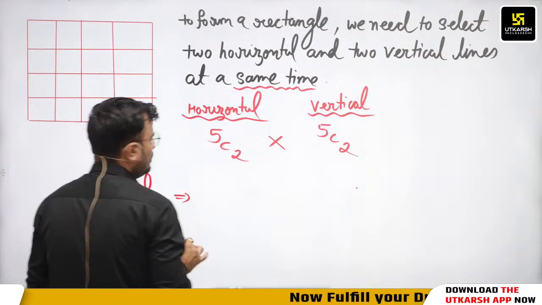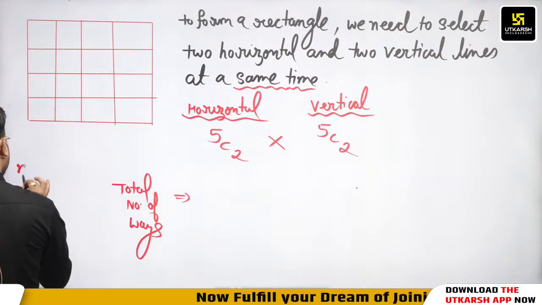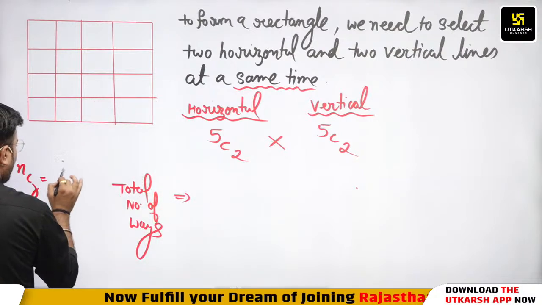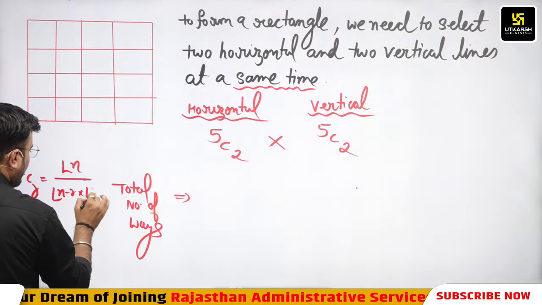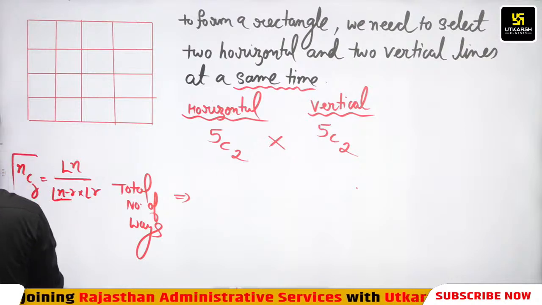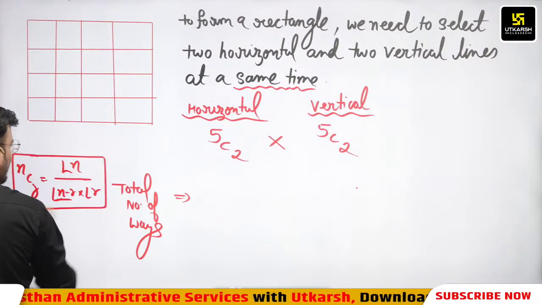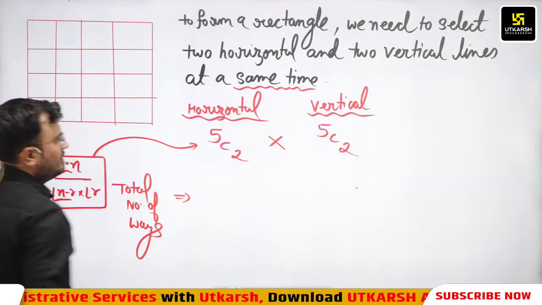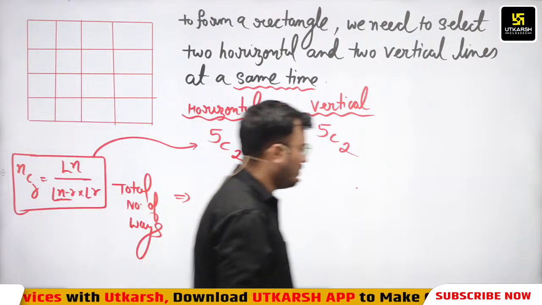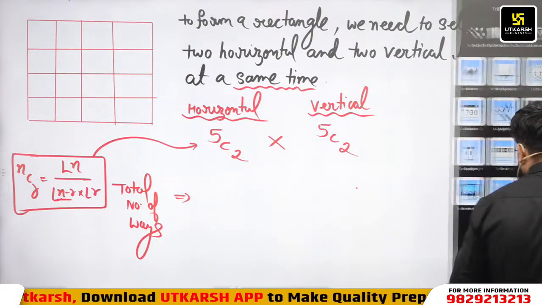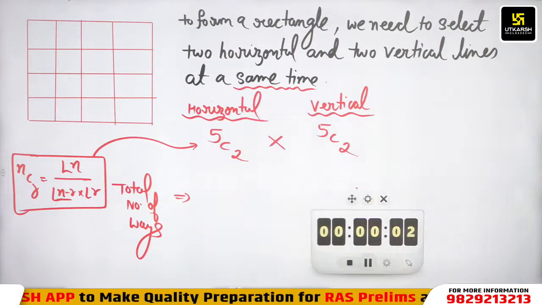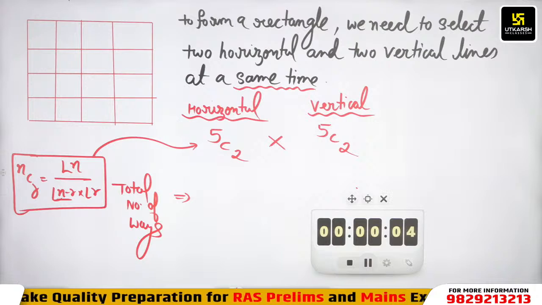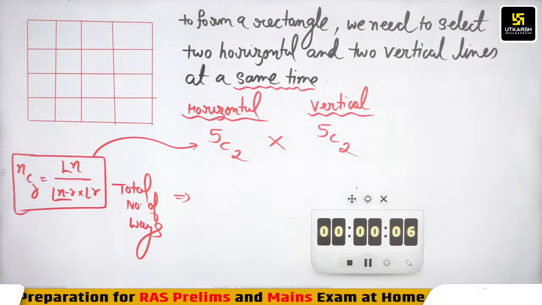As I told you, the formula of nCr is factorial n divided by factorial n minus r into factorial r. Now try to apply this formula and figure out the product of these 2 numbers. Giving you 90 seconds to figure out how many ways there are.